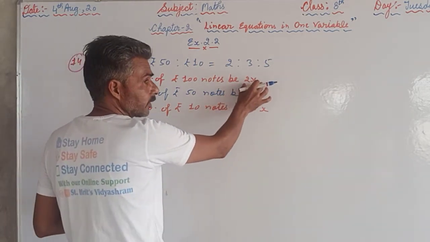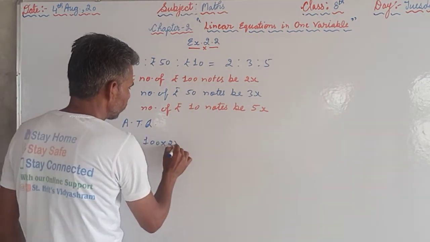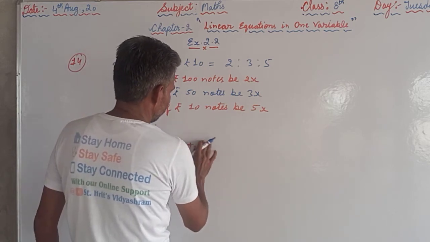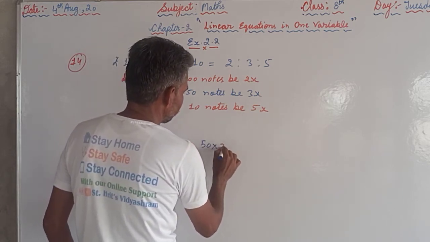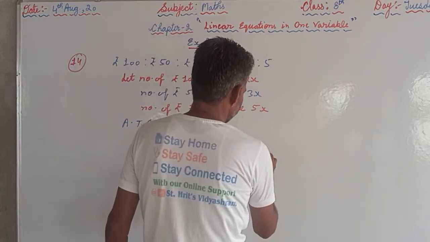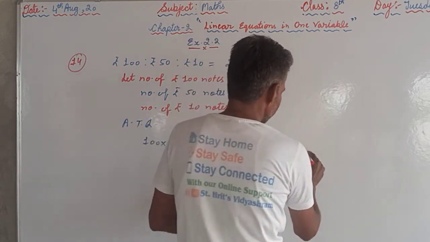So according to the question, if 2x notes are there of 100 rupees, what will be the value? 100 into 2x plus 50 into 3x plus 10 into 5x, and that is given 4 lakhs.